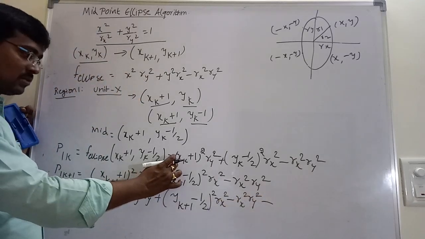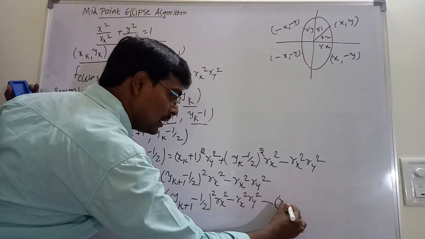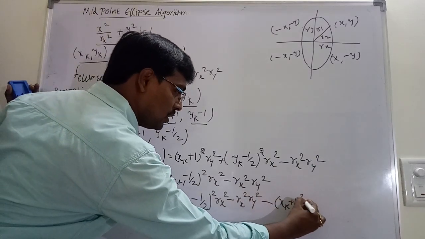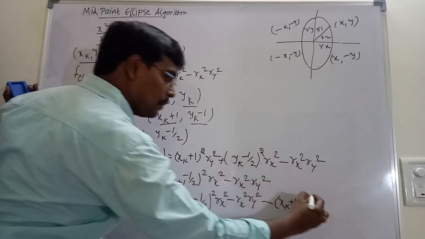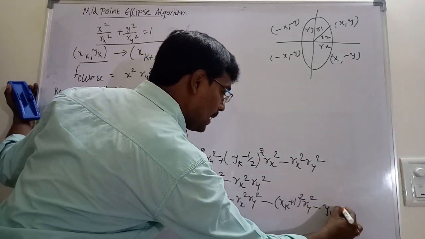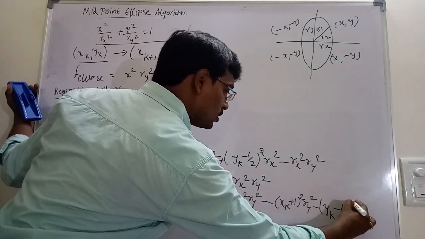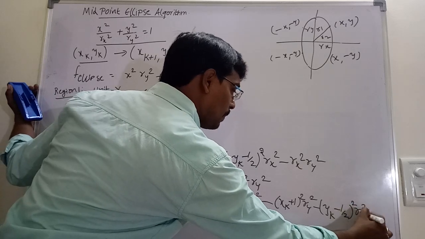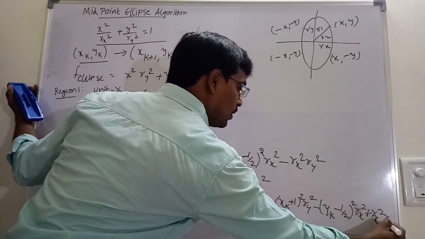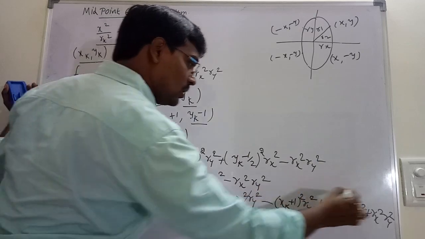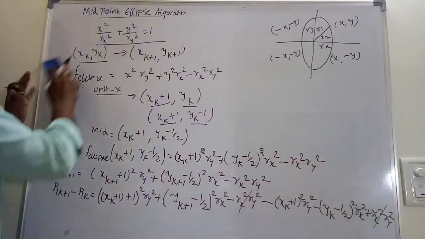So p1k plus 1 minus p1k means xk plus 1 whole square into ry square minus yk minus half whole square into rx square plus rx square ry square. The first and these two terms are cancelled.